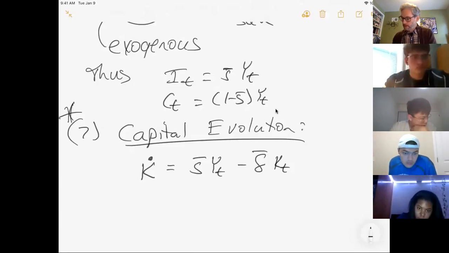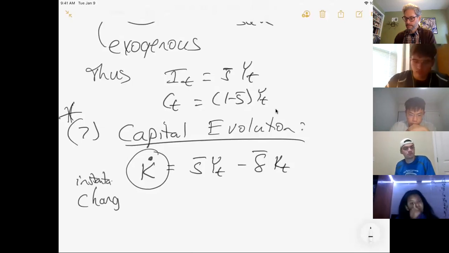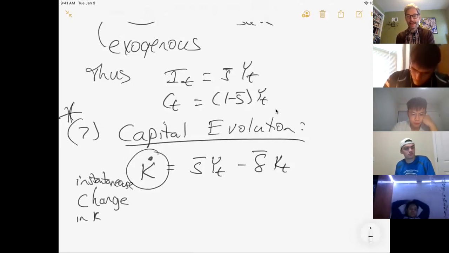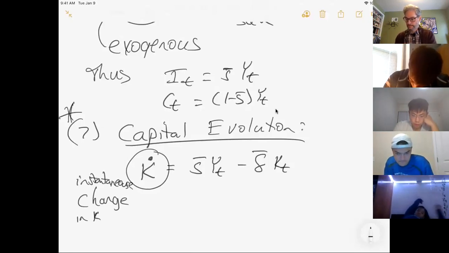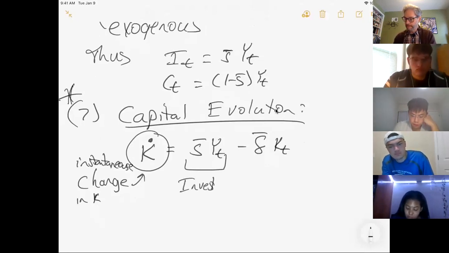Okay. Remember from yesterday, what does K dot mean? That's the instantaneous change in K, right? How K changes over time. What's it equal to? Well, what increases our capital stock? Investment.